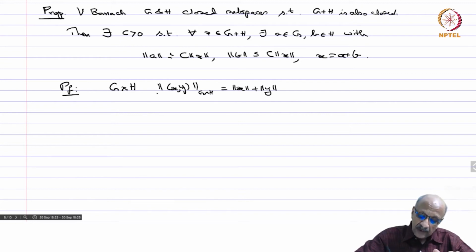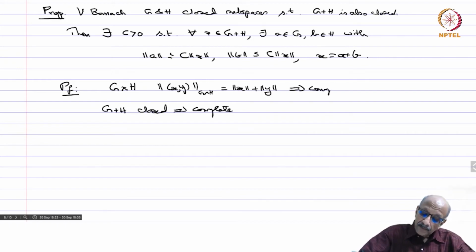So the product is a Banach space with this as the norm. We have seen the dual of such a space in one of the exercises already. So now G plus H is also closed, so it's also a Banach space. So G plus H closed implies complete. So this is also complete since G and H closed.